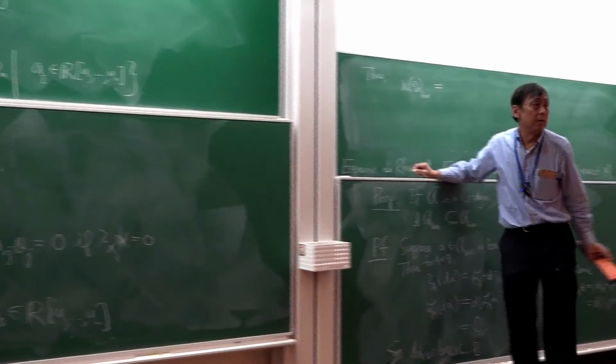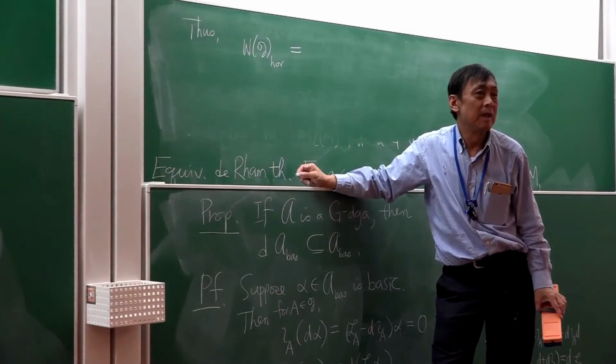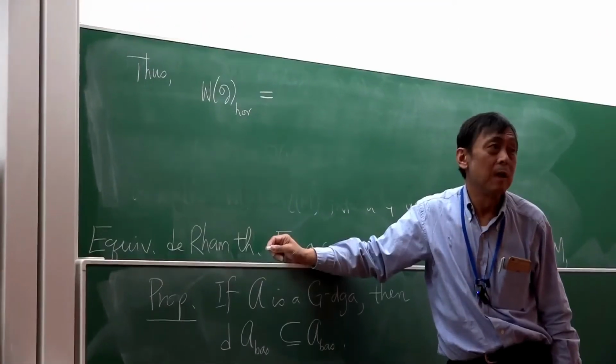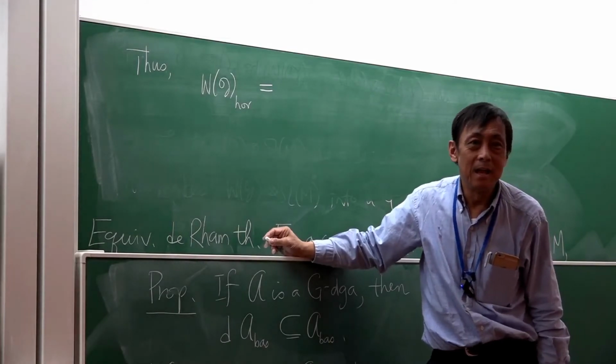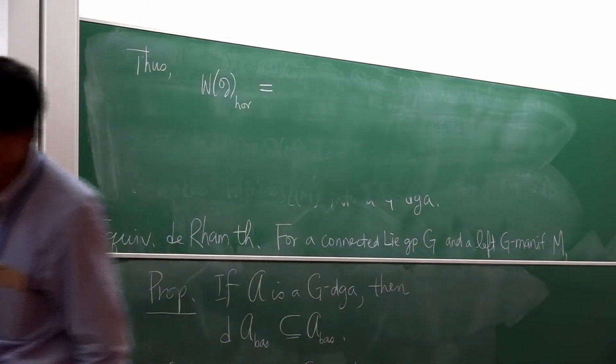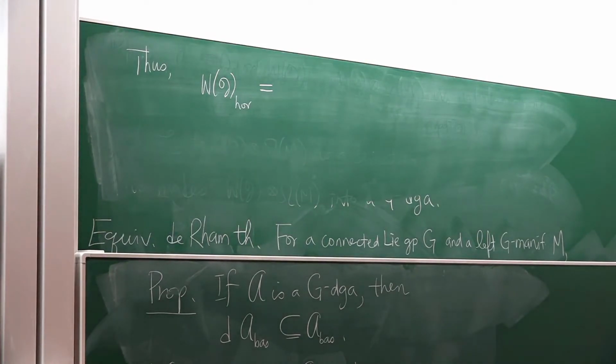What is the horizontal element in the Lie algebra? If it's a horizontal element, then it is simply a polynomial in the U's. Okay?